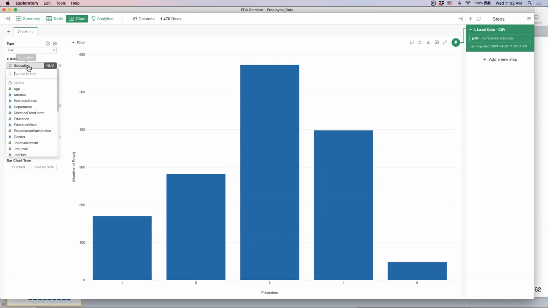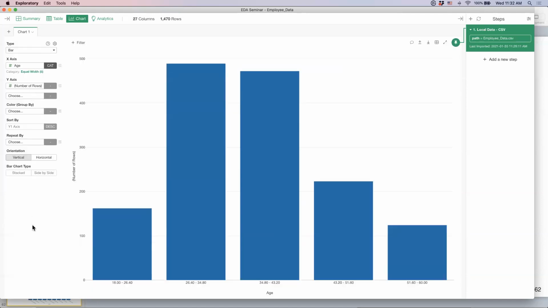But now if I change to age, things start getting a little different. First, the x-axis says CAT, a category. When you assign a numerical variable with many unique numbers to the x-axis, it automatically divides it into buckets, like from 18 to 26 years old, 26 to 34 years old, and so on.